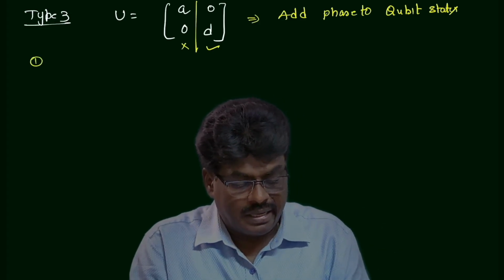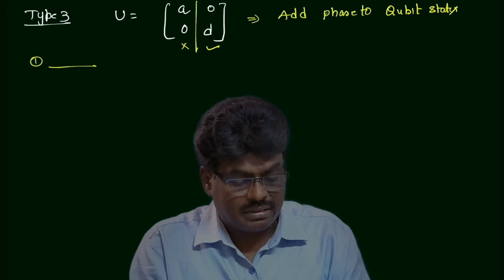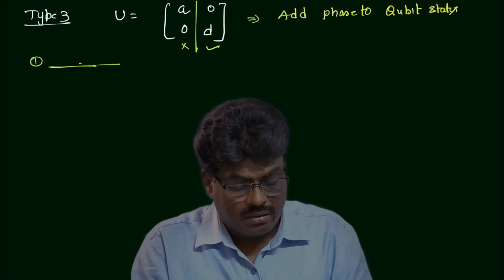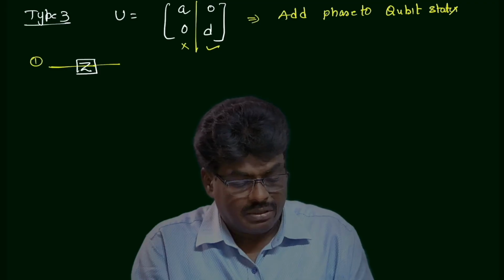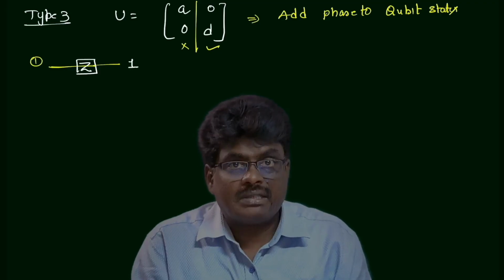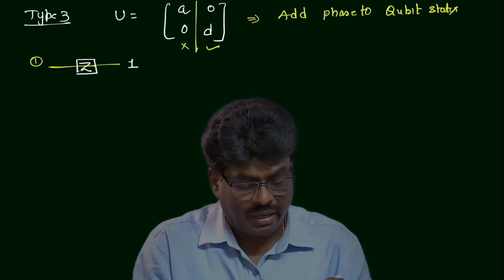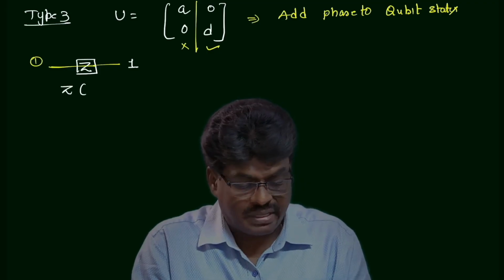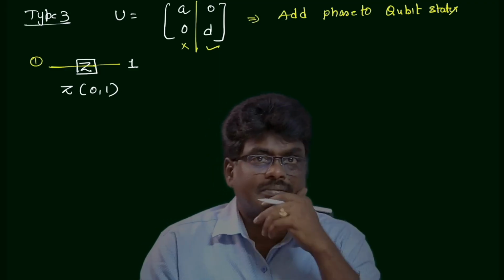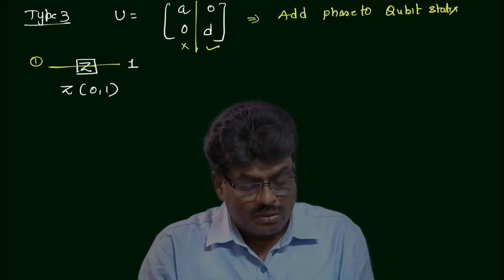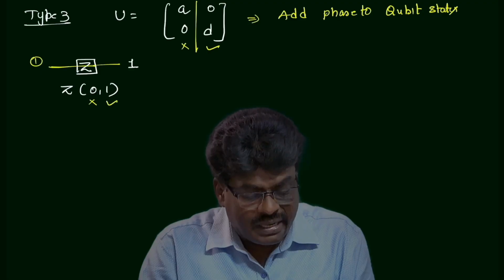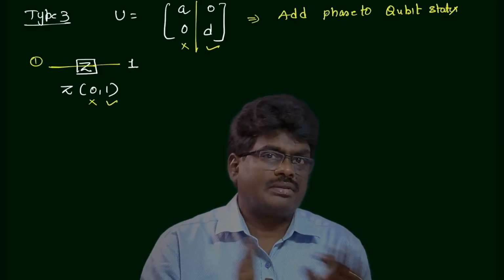Now I'm taking a direct example. This is the Z gate. Here single qubit, that's why it is represented by 1. And the operation is as usual the same, that is Z of 0 comma 1. Remember, the first one is off, the second one is on. Always the first one is off, the second one is on, please take it like that.